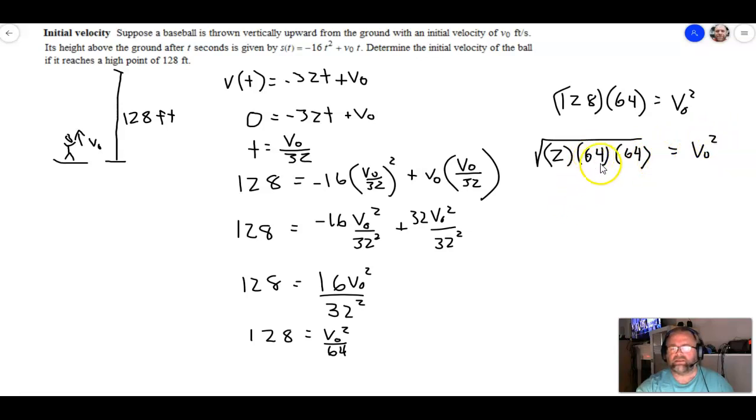The square root of 64 times 64 is just 64, so I can pull a 64 out here. So this is 64 root 2 is equal to, I took the square root, so I shouldn't have that there, is equal to v naught. So my initial velocity is going to be 64 times root 2, and that will be feet per second. So that was a lot of work.